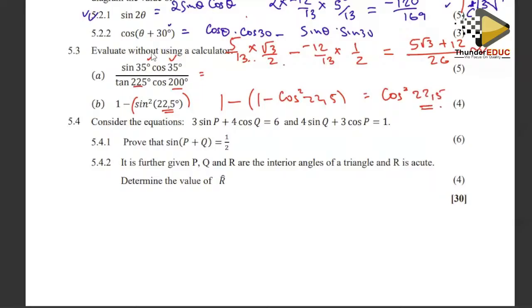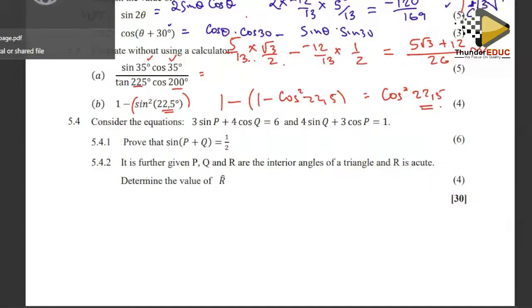Okay, so I'm going to go back to the double angle and half angle. We have cos squared of 22,5. But we know that cos of 2 times 22,5 gives us 45, meaning we are dealing with the cos of 45. So the double angle of cos that has cos squared, what is it going to look like?